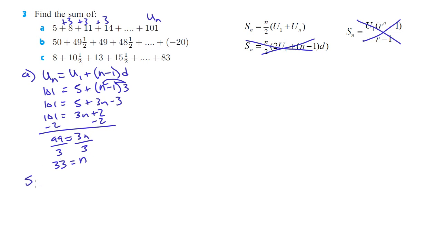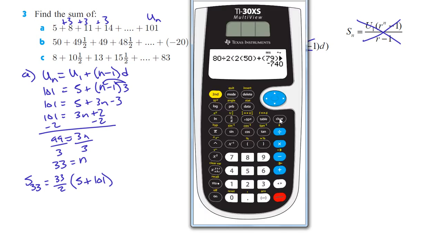So the sum of the first 33 terms is going to equal 33 over 2 all times the first term, which is 5, plus the last term, which is 101. We plug that in, and away we go.